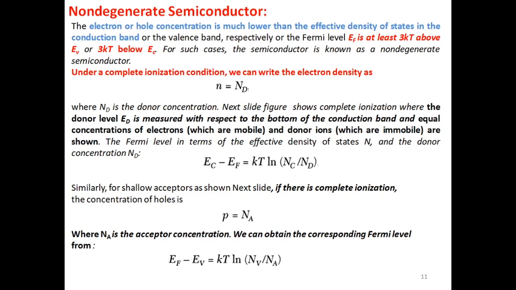In a similar way to the n-type semiconductor, we can calculate the corresponding Fermi level: EF minus EV is equal to kT ln Nv by Na. Here Nv is the effective density of states in the valence band, and Na is the acceptor concentration.